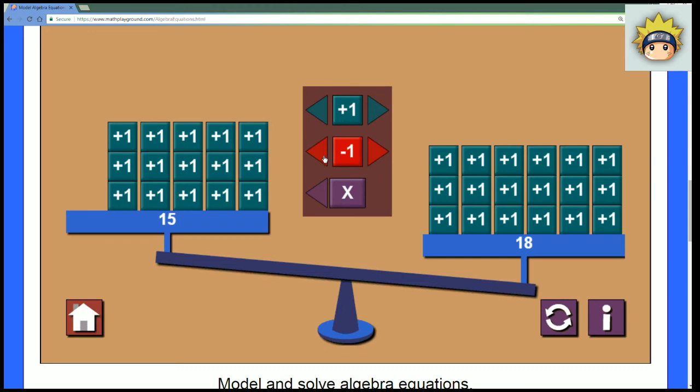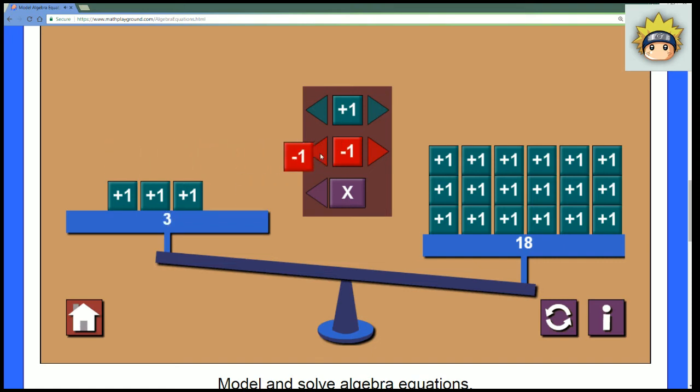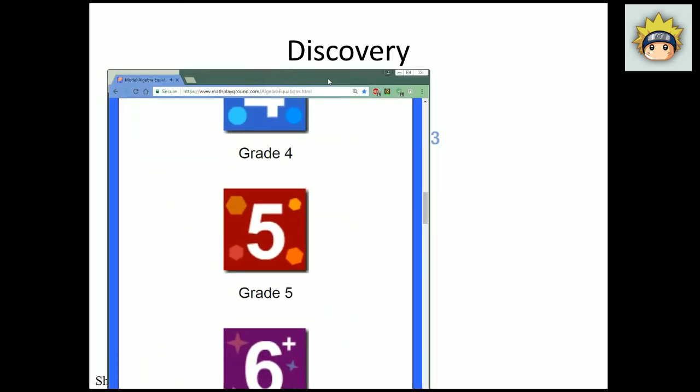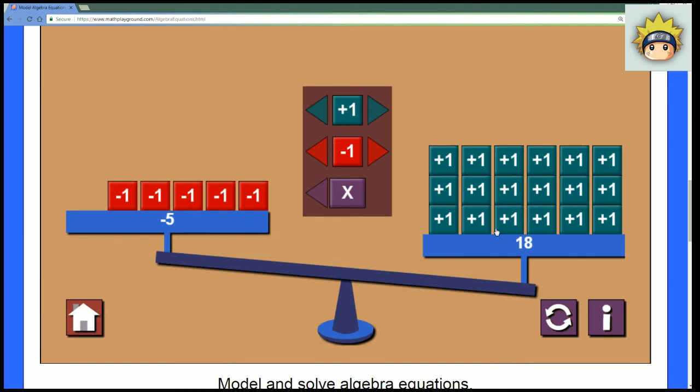Okay, and 18 divided by negative 3 should be negative 6. So let's do that.